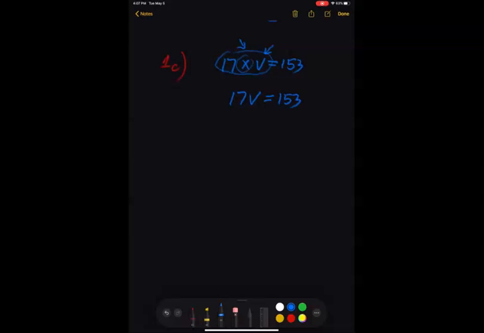So you can do 17v divided by 17. What we do to one side, we have to do to the other side. So 153 divided by 17. The 17s cancel. So you have v equals, what is 153 divided by 17? That is 9. There's your answer.